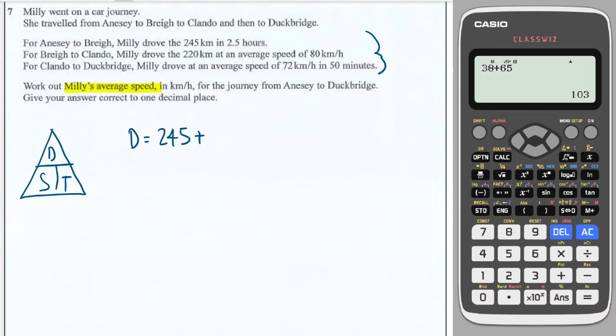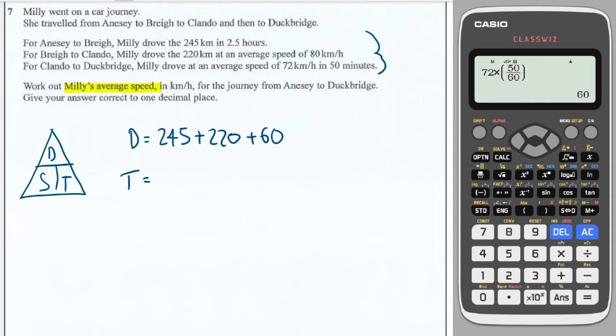The second leg we also get told what the distance is. The third leg we don't know what the distance is, but what we can do is we can do speed multiplied by time. So the speed is 52 in kilometers per hour, and the time is 50 out of 60 minutes, because we need it in hours. So 50 out of 60 is the total number of hours.